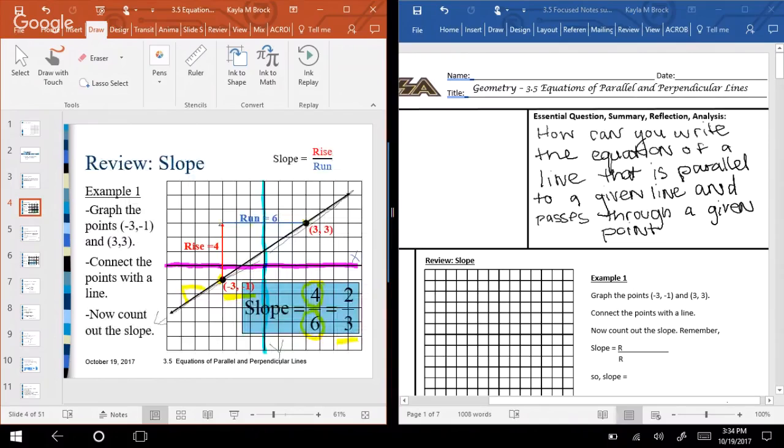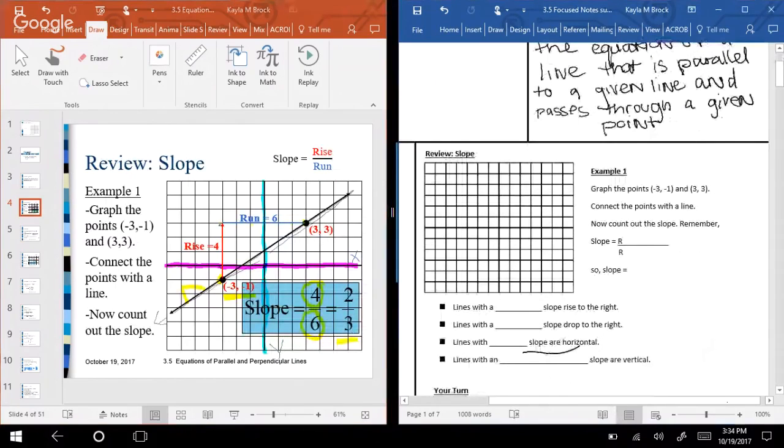Review, slope. Graph the points (-3, -1) and (3, 3). So first we're going to graph the point (-3, -1). I see I have my XY axis and right here is the origin. So I'm going to go to the left 3, 1, 2, 3, and then I'm going to go down 1.